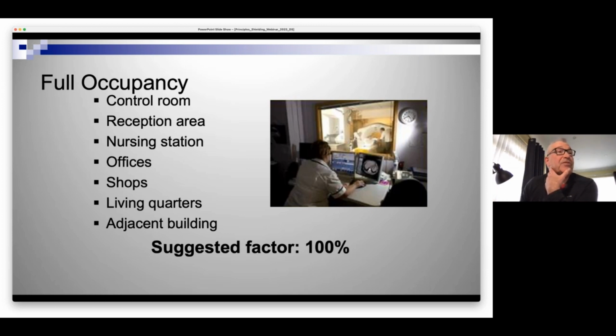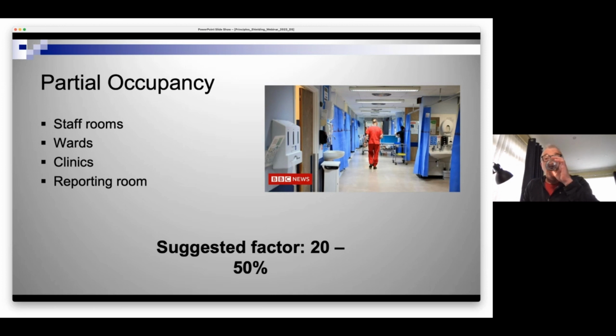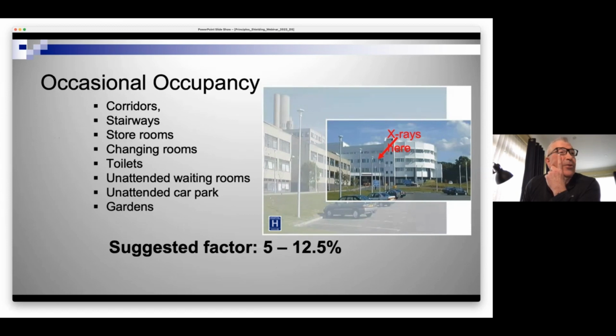So for example, control rooms, nursing stations, offices and adjacent buildings, we suggest a factor of 100%. Areas that are partially occupied, like staff rooms or reporting rooms, suggest a factor of 20 to 50%. And for occasional occupancy, for example, toilets, unattended car parks, corridors and stairways, suggest a factor between 5 and 12.5%. Again, you need to decide what the exact factor is going to be.